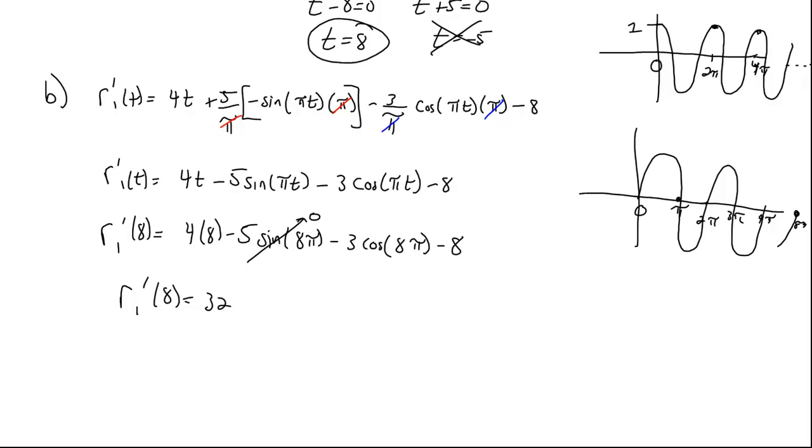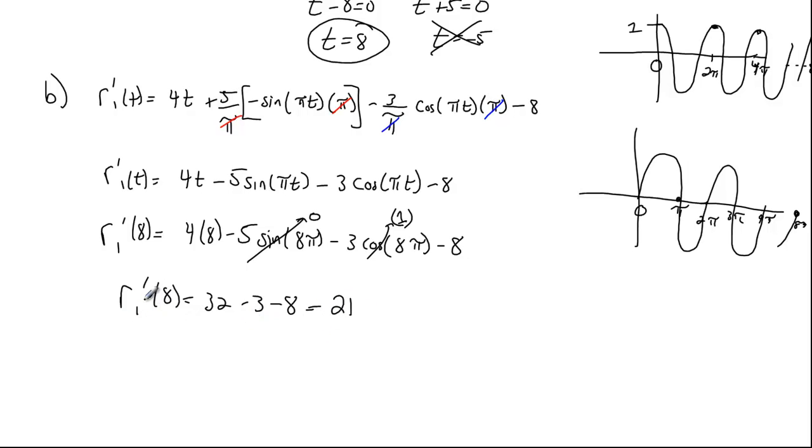So this would all be down here at 8 pi. It would be equal to a value of 1. So this goes to a value of 1. 1 times 3. So here, 4 times 8 is 32. Minus 0, minus 3 times 1 gives you minus 3. Minus 8. 32 minus 3 gives you a value of 29. 29 minus 8 gives you a value of 21.